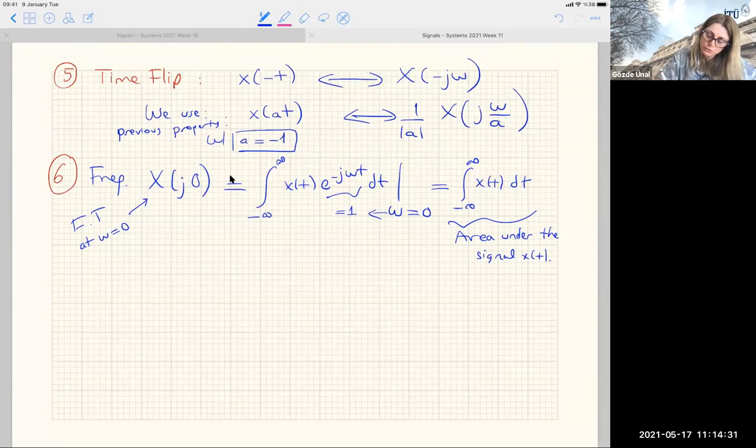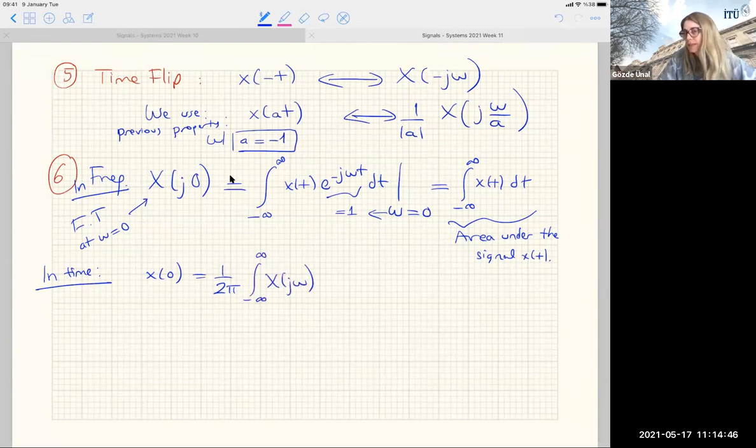In time, you can do vice versa. You see, everything has a duality, x(0). This time I can use 1/2 pi times the integral from minus infinity to infinity. Now I can look at the Fourier transform of the signal, where the exponential is going to be 1. The area underneath the Fourier transform divided by 2 pi gives me the signal value at time equals 0.